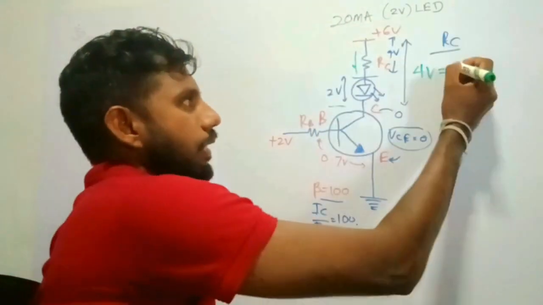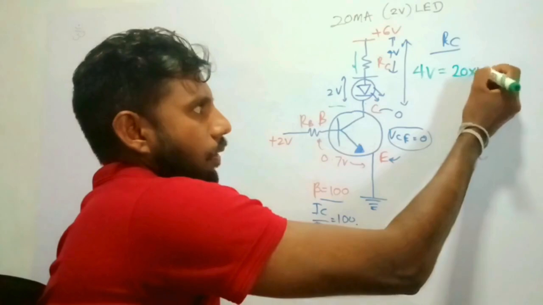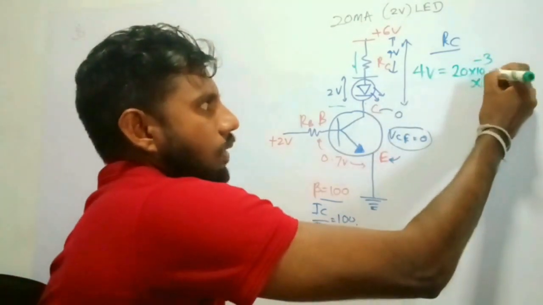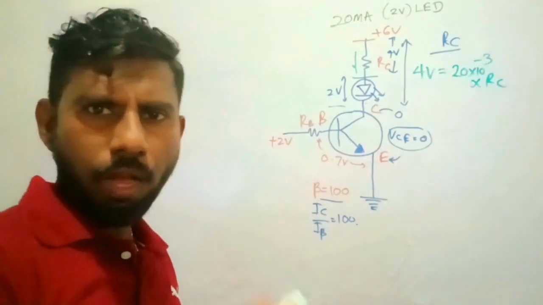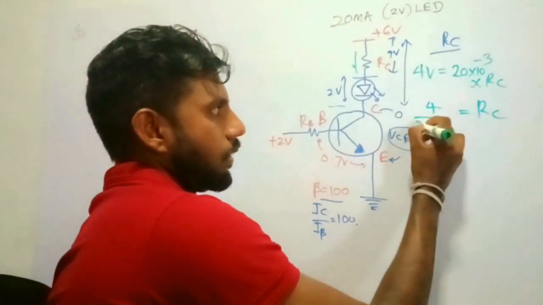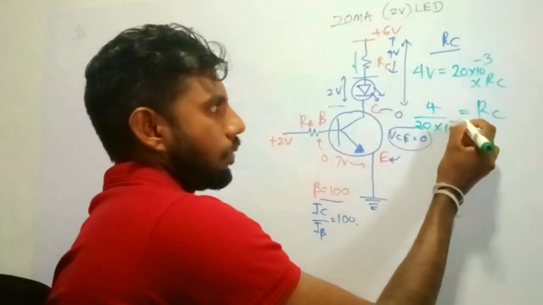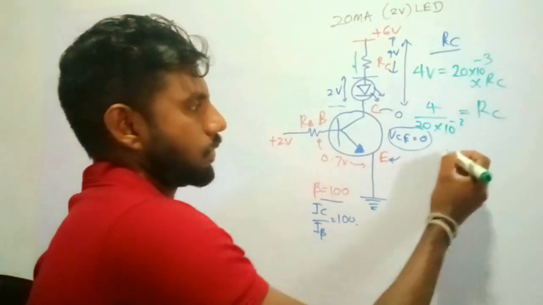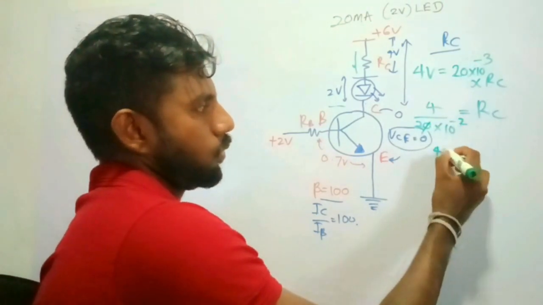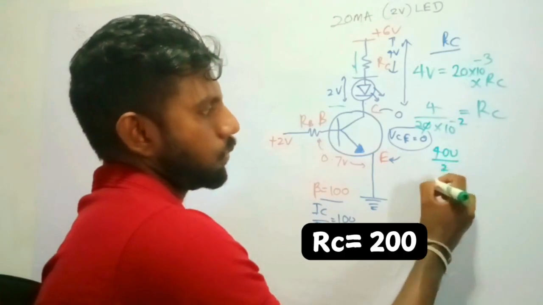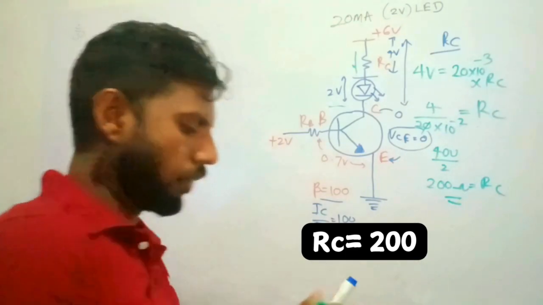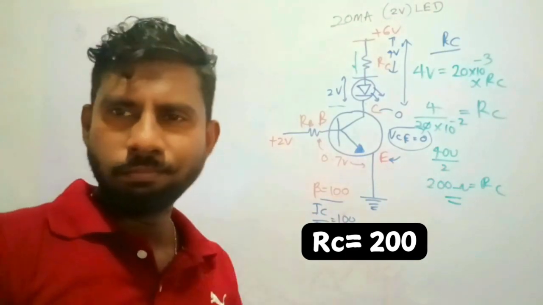So it's 20 milliamperes, 20 into 10 to the power minus 3, that into RC, that is the answer. So let's make RC the subject: 4 divided by 20 into 10 to the power minus 3. So 400 divided by 2, it's 200 ohms, that is the RC value. If you could get the answer, that's great.